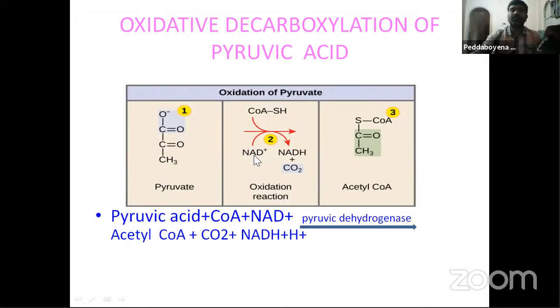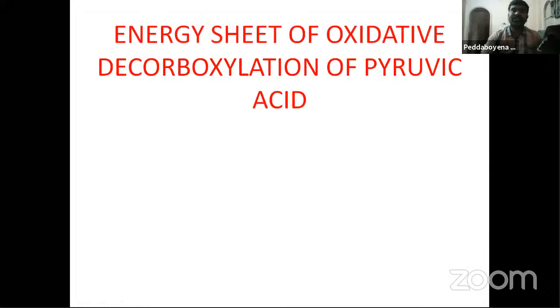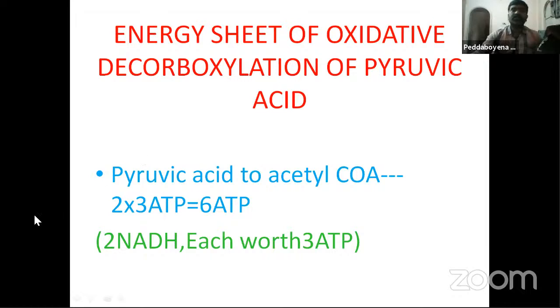Here two molecules are there, so two NAD are converted into two NADH. How many ATPs are formed? Two means six. Here two NADH are there, each worth 3 ATP. So in the energy sheet of oxidative decarboxylation of pyruvic acid, the net gain is 6 ATPs. Remember it. The 2 NADH undergo the dehydrogenation reaction, so 6 ATP are formed.